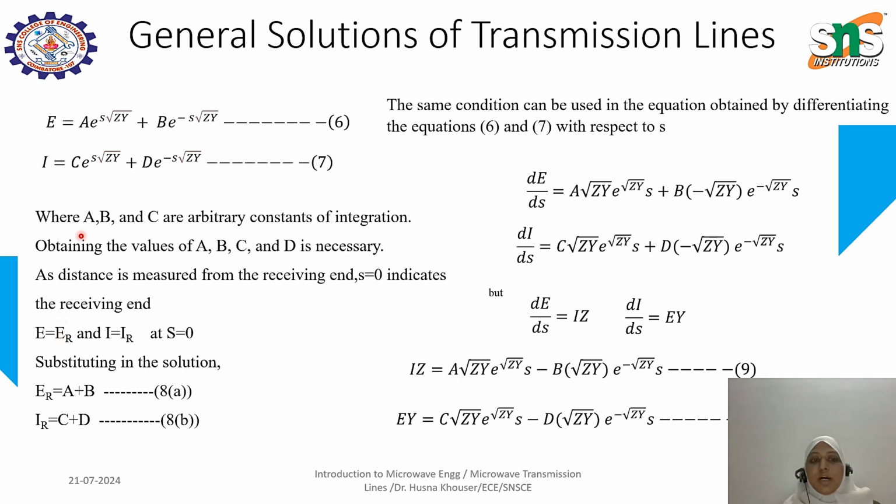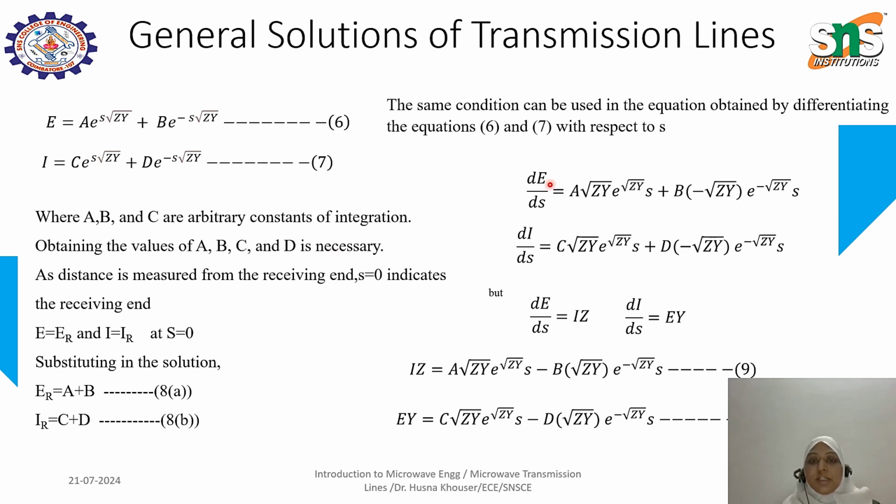So we get the two arbitrary equations as E equal to A plus B and I equal to C plus D. We are calculating the receiving end condition, so E becomes Er, and I becomes Ir, the current at the receiving end. So we get Er equal to A plus B and Ir equal to C plus D.